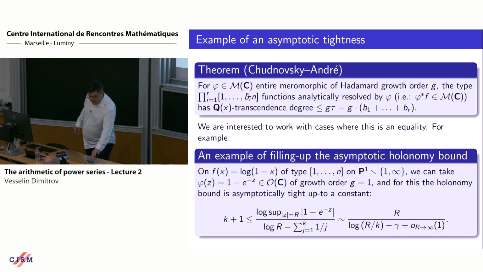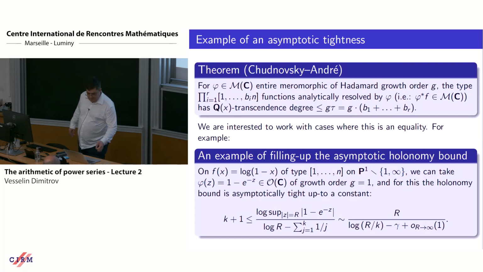So if you start with the datum phi, which is entire meromorphic of Hadamard growth order g, so the quotient of two entire holomorphic functions growing at most like e to the z to the g. And then we can choose the radius, so we restrict phi to a disk of radius r.